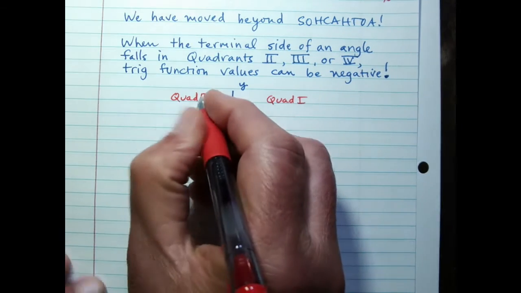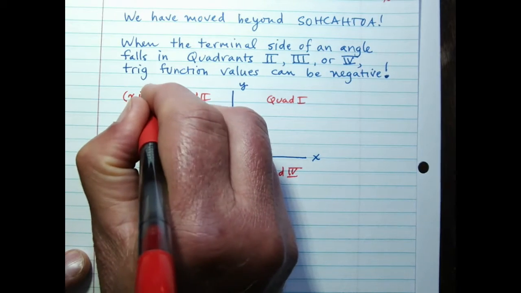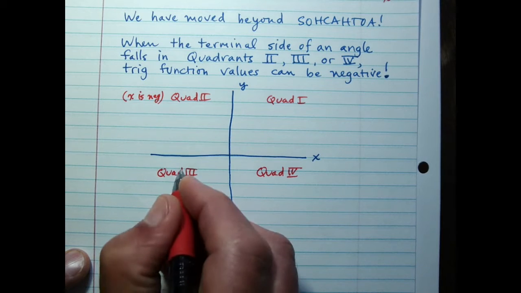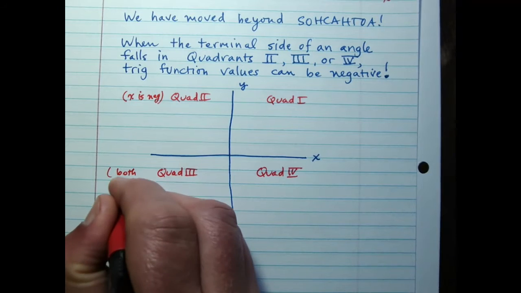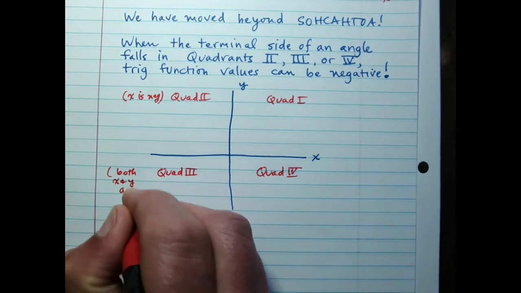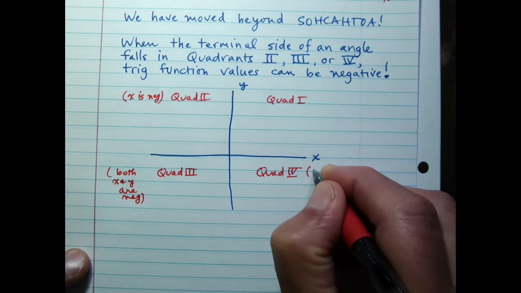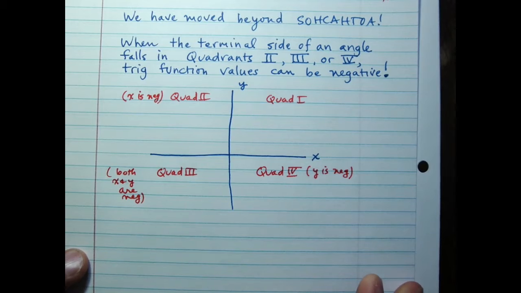Because in quadrant 2, x is negative, but y is positive. In quadrant 3, both x and y are negative. In quadrant 4, y is negative, but x is positive.